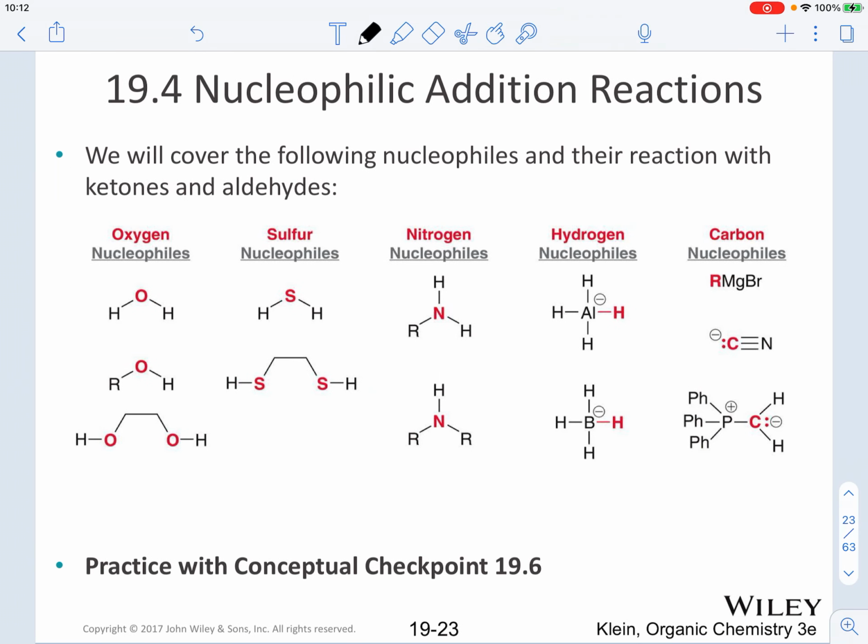So understand that in this chapter, we are going to cover the following nucleophiles and their reactions with ketones and aldehydes. So as you can see, in the first column, we have oxygen nucleophiles, followed by sulfur nucleophiles, then nitrogen nucleophiles. We're going to cover hydrogen nucleophiles, and lastly, we will be going over carbon nucleophiles.